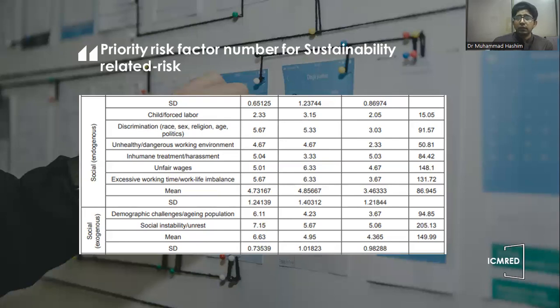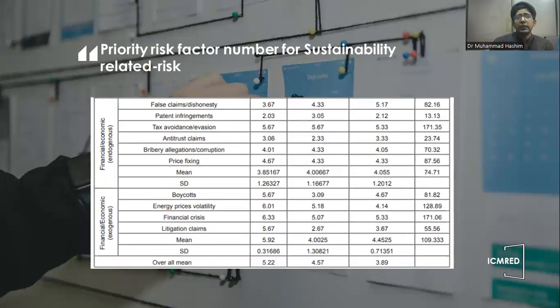supply chain related risk. So the third category is the financial or economic domain. The financial or economic domain is also categorized into sub-sustainability related risks like false claims or dishonesty, tax avoidance, antitrust claims, price fixing, boycott, financial risk, litigation claims.